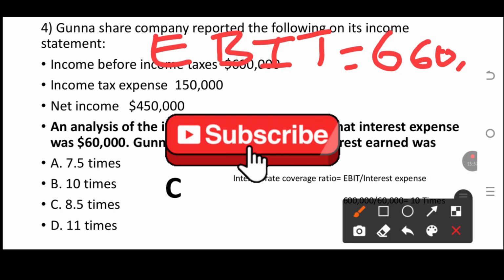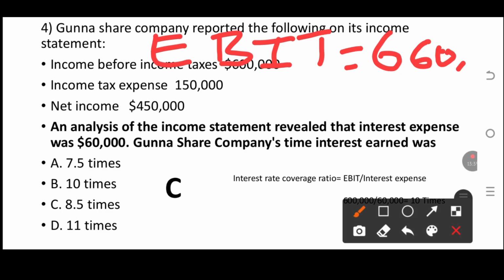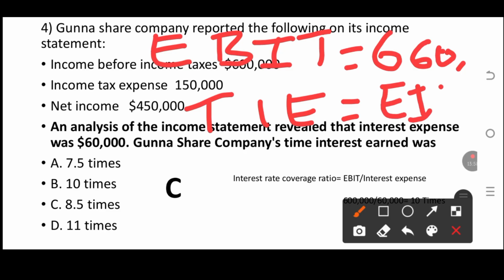So we have to calculate the ratio. Times interest earned is equal to earnings before interest and tax divided by interest expense.